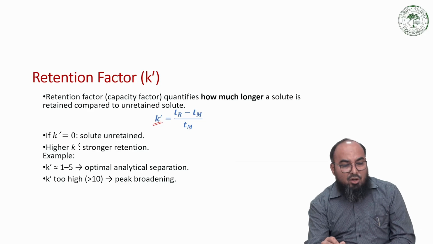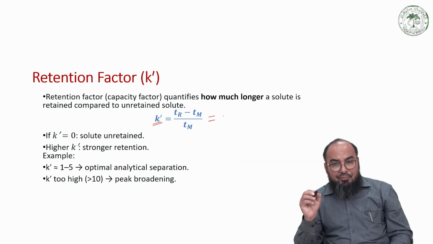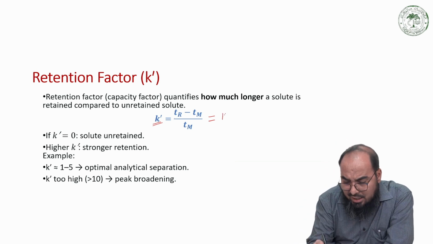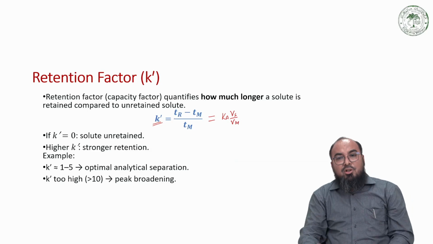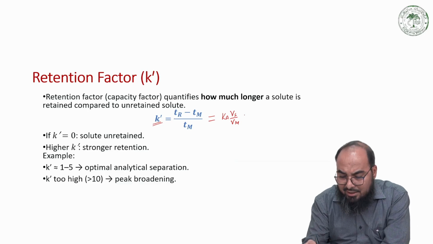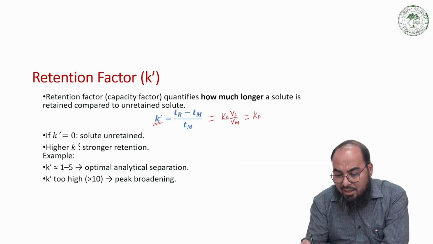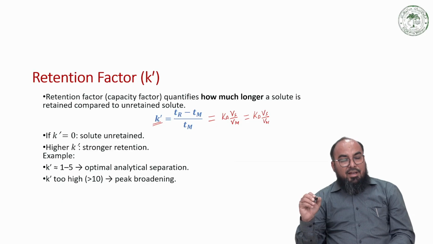You can also quantify K dash as Kd into Vs upon Vm, the solute in the stationary phase divided by the solute in the mobile phase.